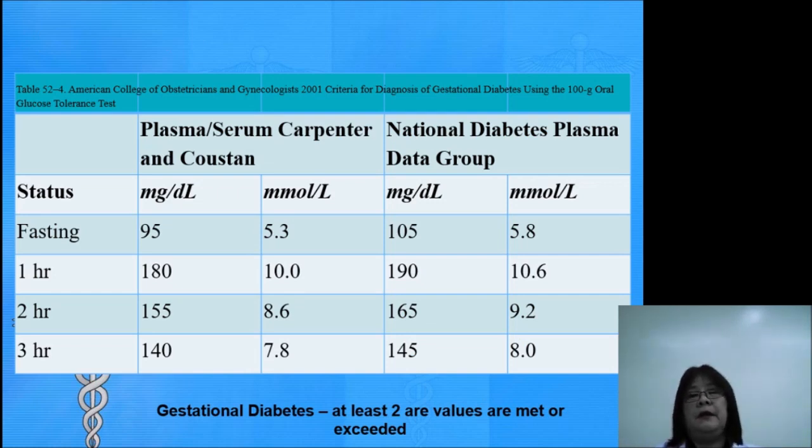And there are 2 recommendations with regards to abnormal values. One is by Carpenter and the other one is by the National Diabetes Data Group. If 2 of the 4 values are elevated, you can diagnose your patient as having gestational DM.